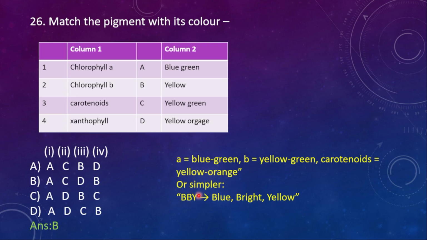Or simpler than that, BBY. ABC, BBY. A is for blue, B is for bright yellow, and then C is for yellow orange.